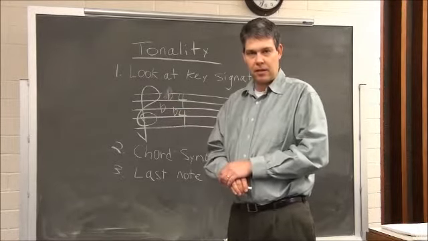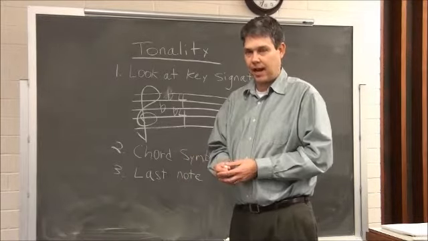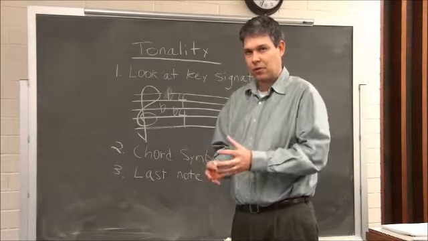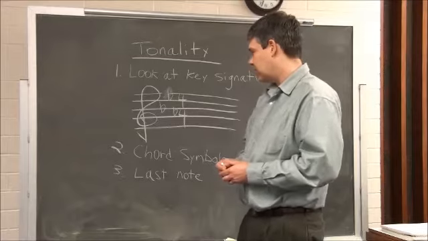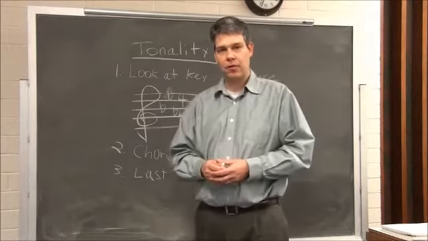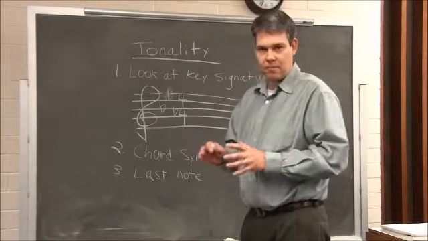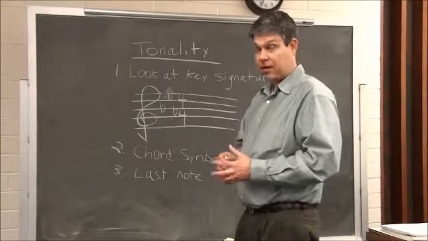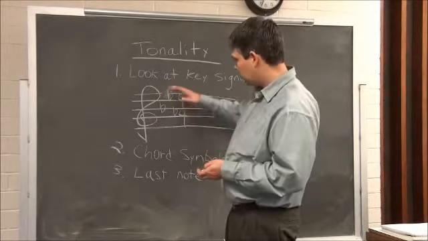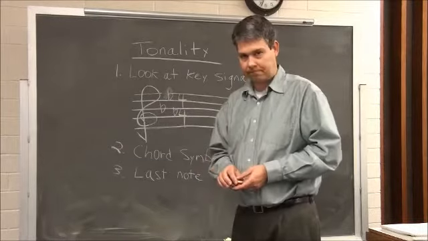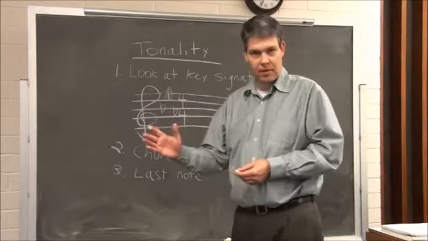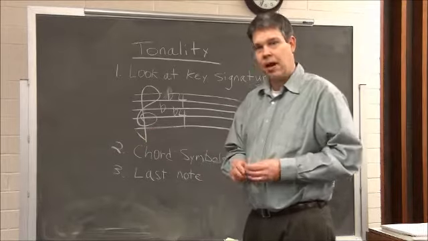So that tells me that it's in the key of E flat. And I just have to memorize those. I'll show you a trick to figuring out. I believe there's another video for you to figure out how to find the key signatures. So check that out and try and memorize those little tricks, because they're very helpful. Alright, so that's one way I can find out the tonality. 3 flats, I'm in E flat major or C minor.